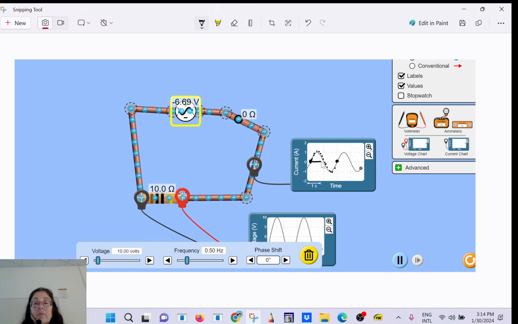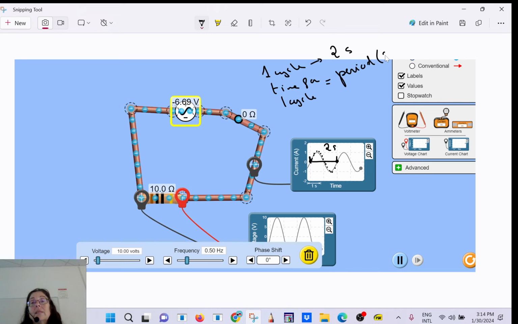What's the time for one cycle? 2 seconds. Do you all agree with that? The current goes up, then 0, then negative, and then goes back. So one cycle in this example is 2 seconds. The time for one cycle in physics is what we call the period.